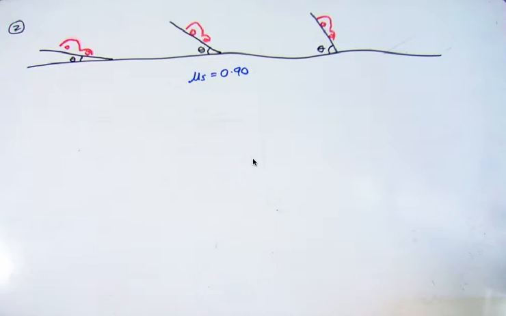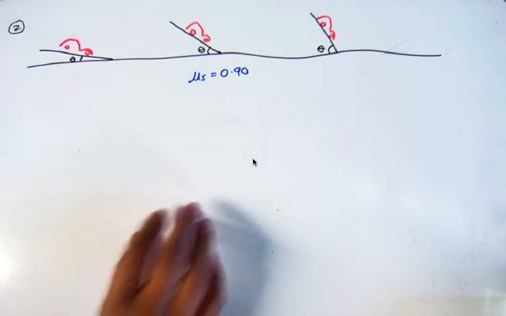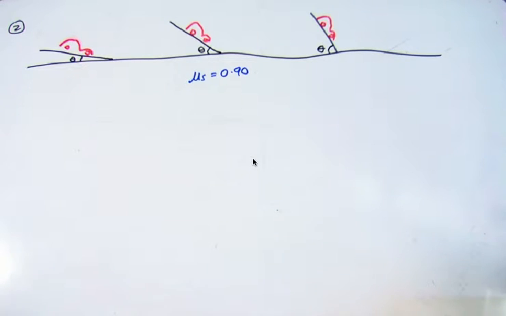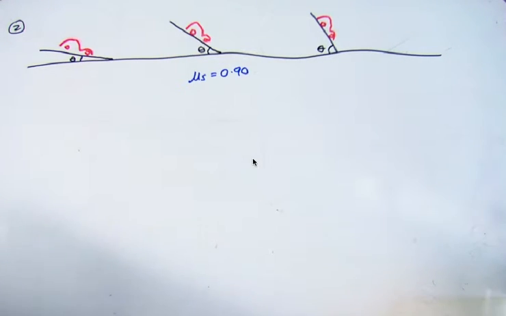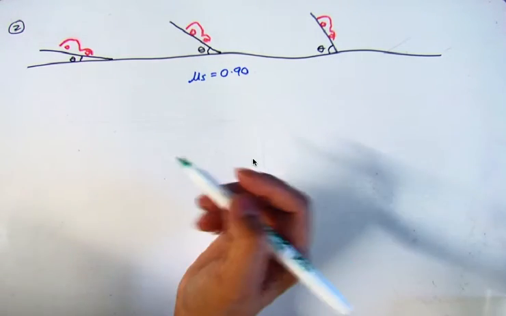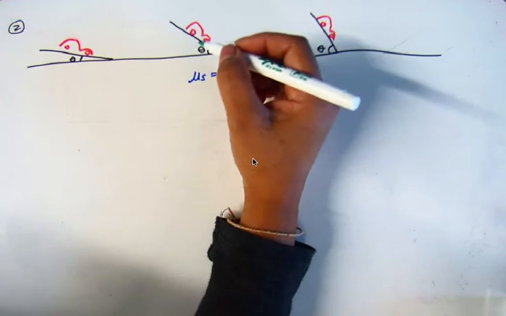So we want to know what theta we are dealing with at which the car is going to start sliding. The best way to go about doing it is the same way we go about doing all of our problems. There's really no difference. What are the forces acting on the car? Let's take the middle one because it seems like an in-between example.